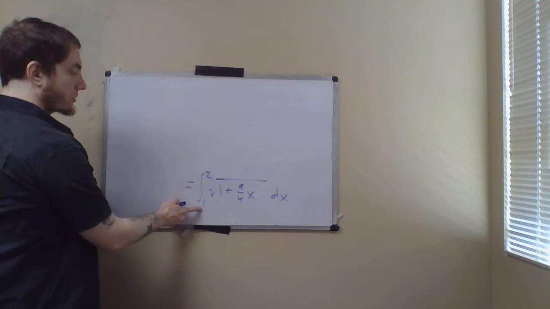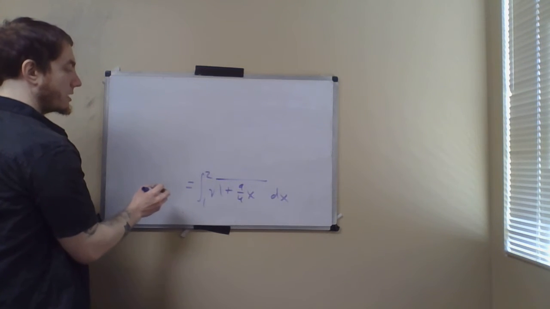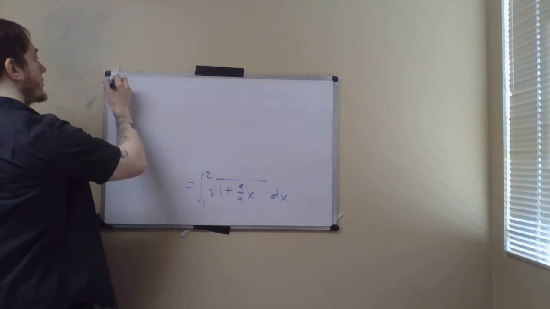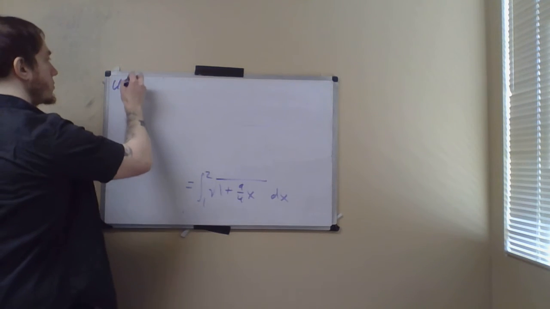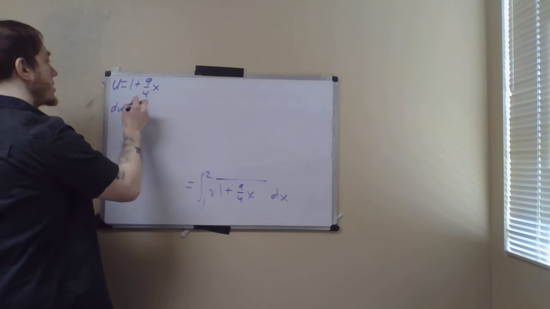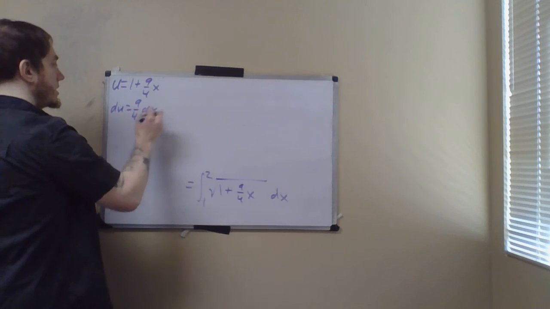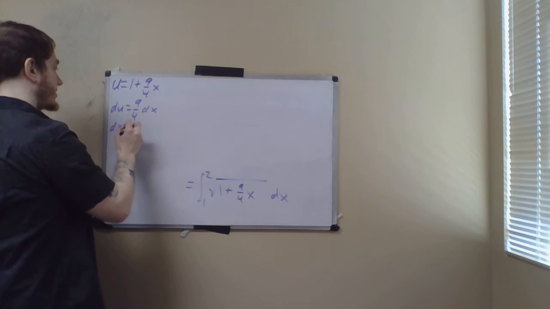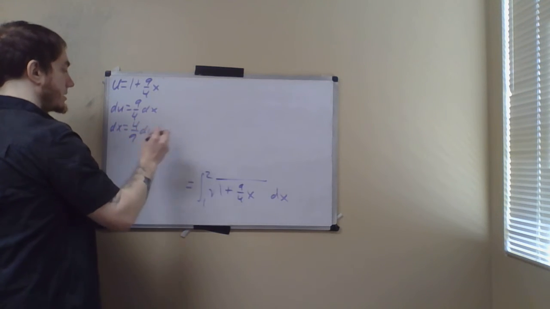So this integral is going to, I want to do the u-substitution of u equals 1 plus 9/4 x. Then du is 9/4 dx, so dx is 4/9 du.